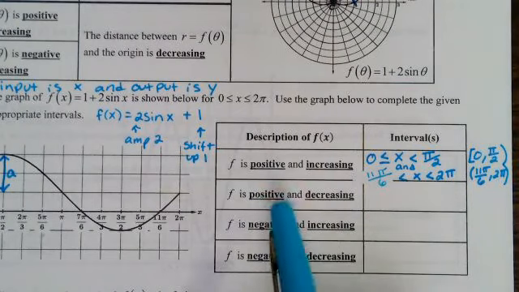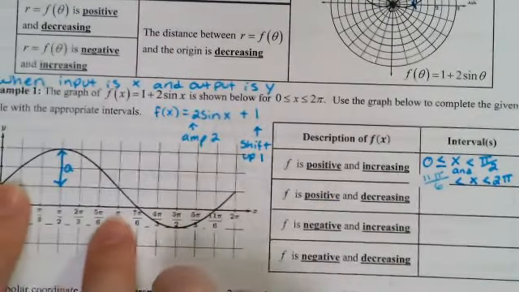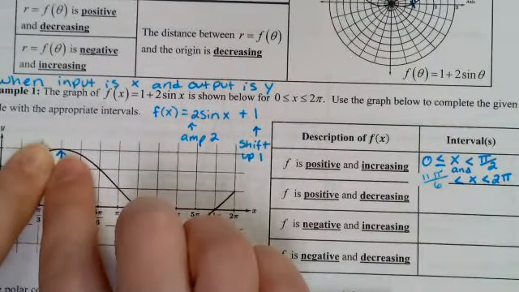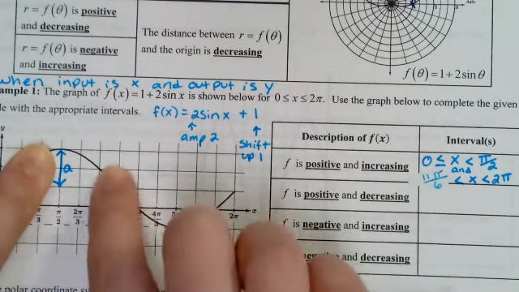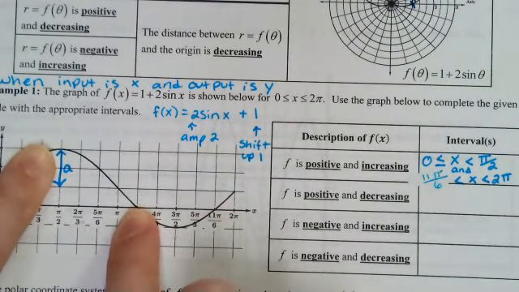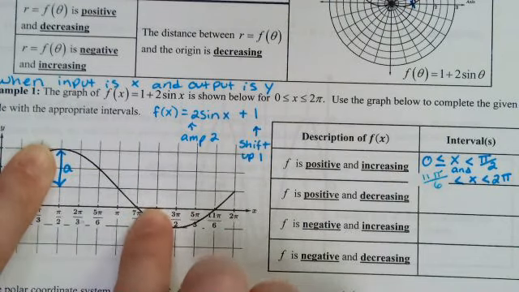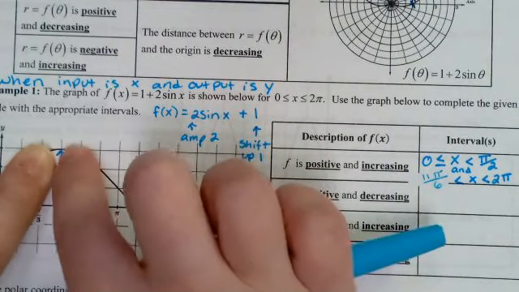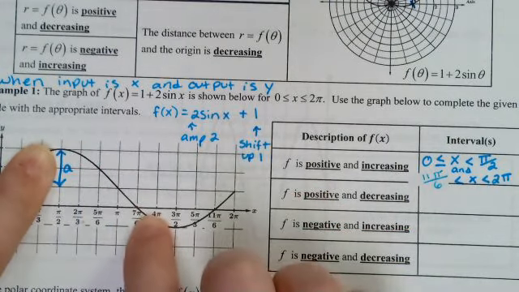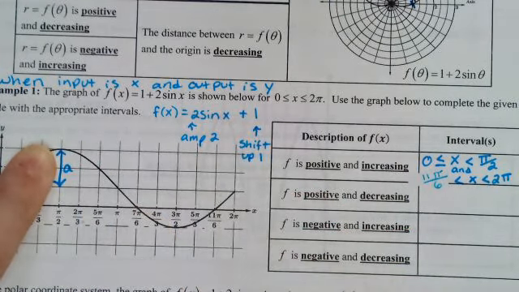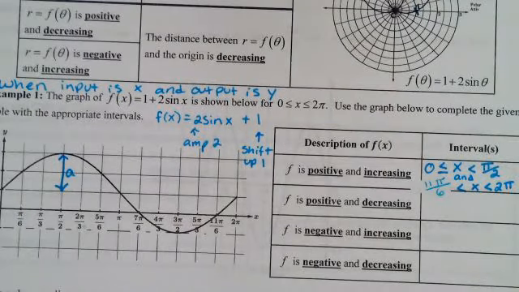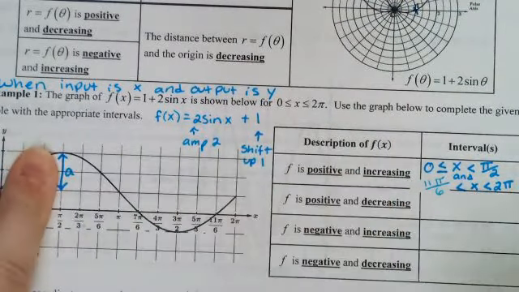Okay, next, I want you to think about what's going on next. After we reach that maximum value, now this thing starts decreasing. It's still positive because it's above the x-axis, but it begins to decrease. So where it's positive and decreasing, I have to name from here to where it switches to become negative. So that x value here was pi over 2.